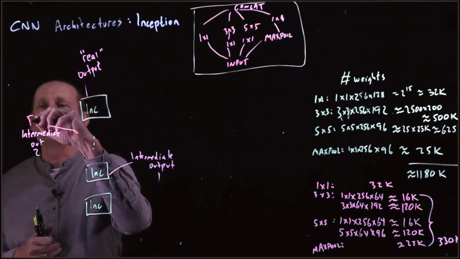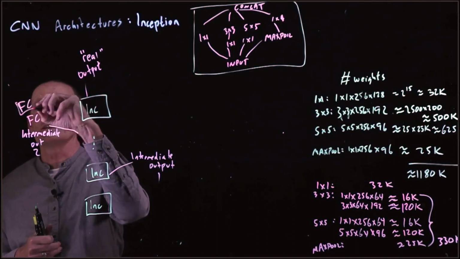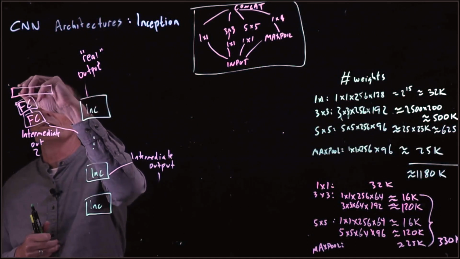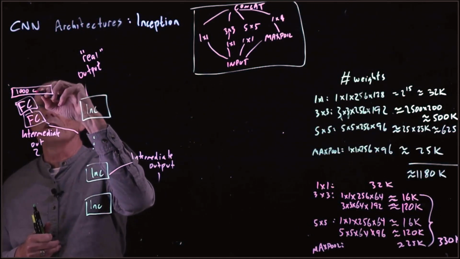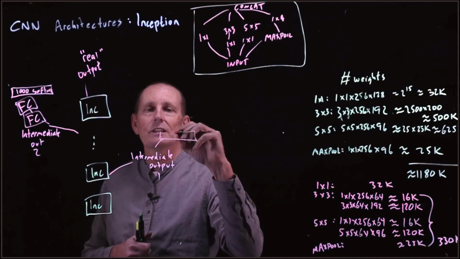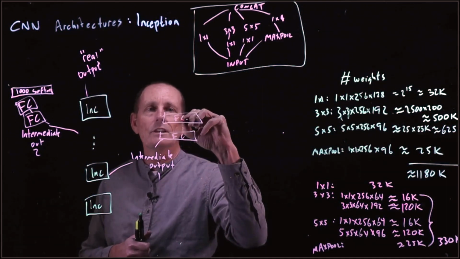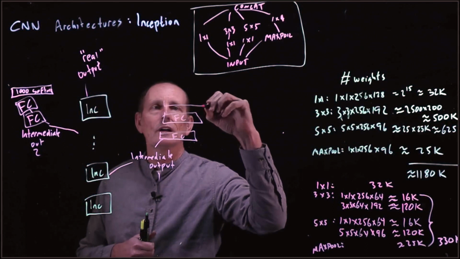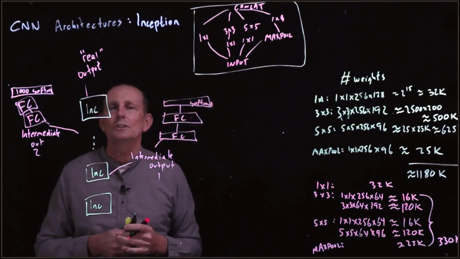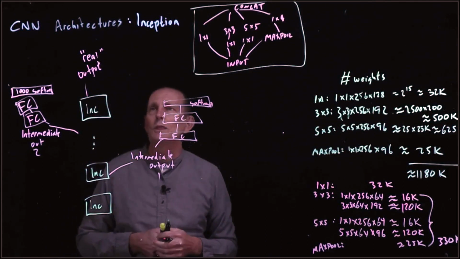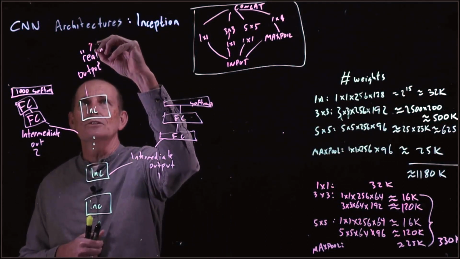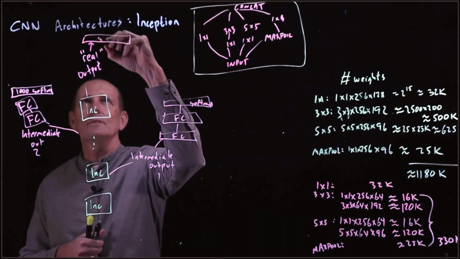And what they do then is they put those through some big fully connected networks, and then a 1000 softmax. And the same thing here, through some big fully connected layers, and eventually end up with a large softmax. So what they're trying to do is deal with the problem. And this real output here actually goes into a big softmax too.